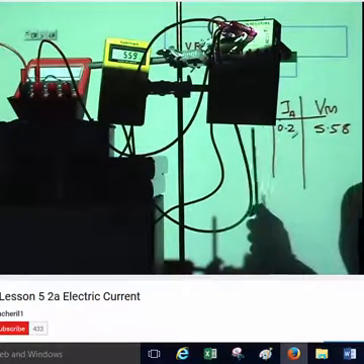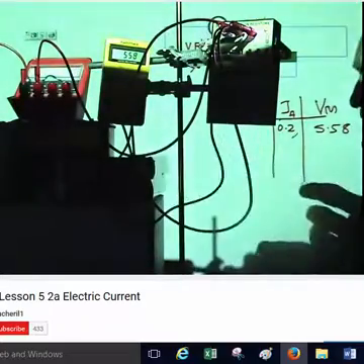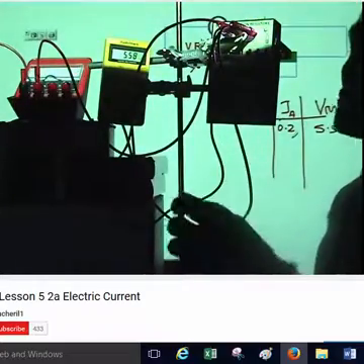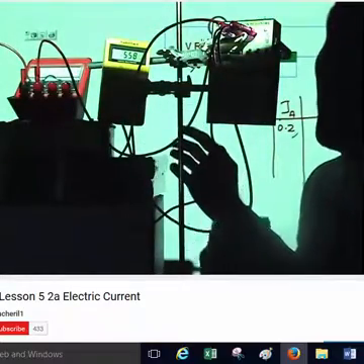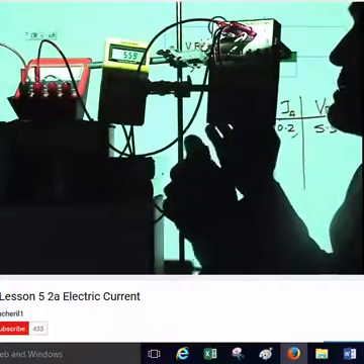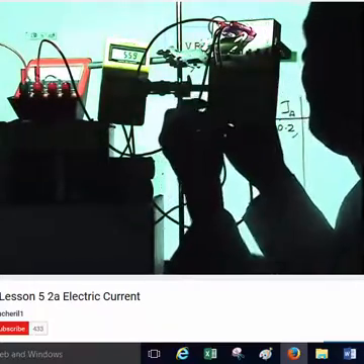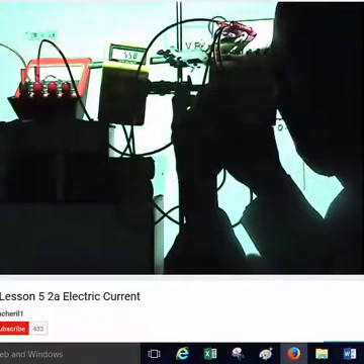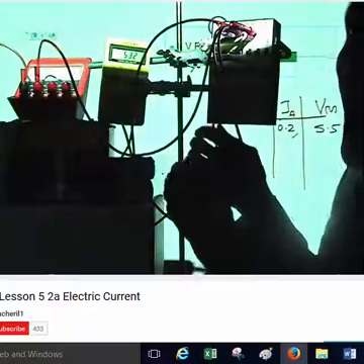Now, take down your values. You've got a worksheet that is ready, I suppose. Now, I'm going to change the value of the resistor each time so that the potential difference changes. I'm going to now make the current 0.4 ampere.